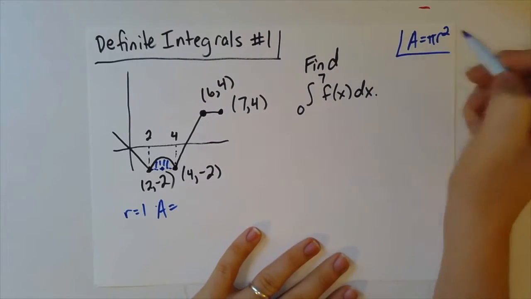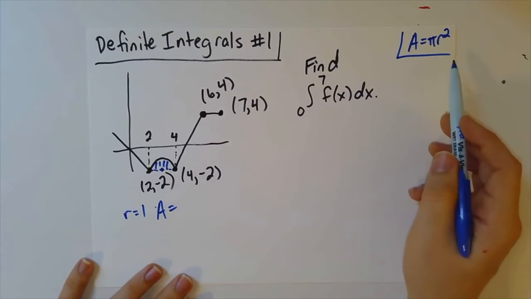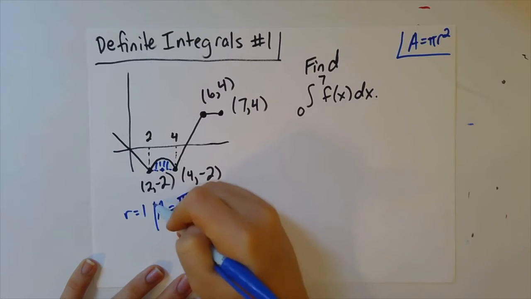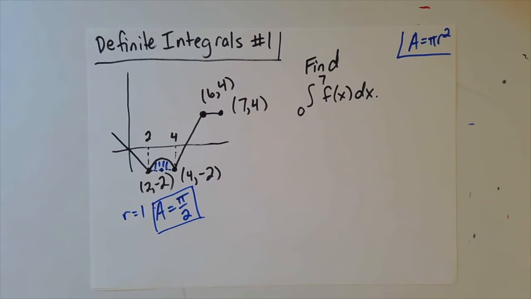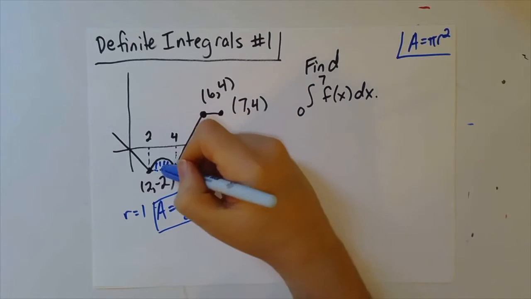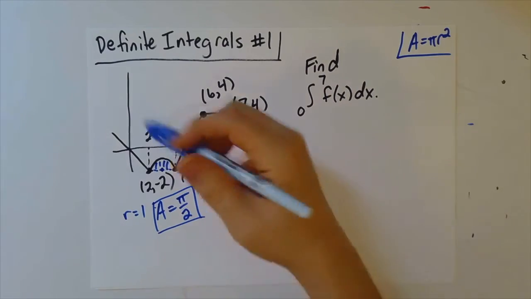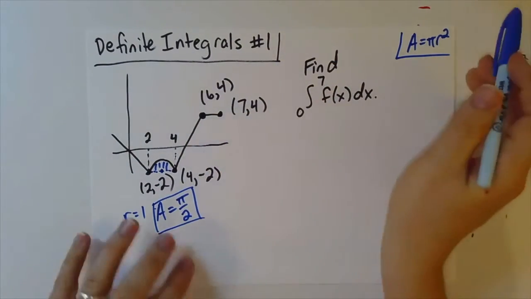However, this is not a circle, it's half a circle, so its area is pi times 1 squared over 2, so the area of the blue region is pi over 2. Note, this is not part of what's going to get counted at the end of the day by our integral, but it's important to figure out, and we'll see how it exactly factors in later.